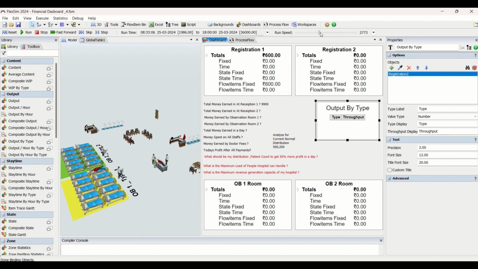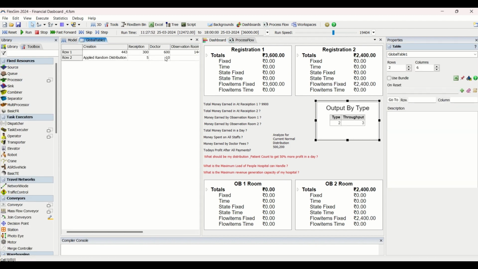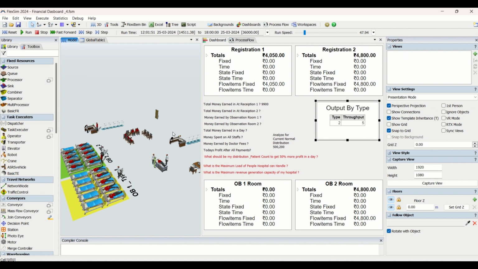Let me make this simulation model of the healthcare system faster so that we get some graphs coming out. We have certain cycle times for each area, based on which the operators or patients utilize their time at every area.